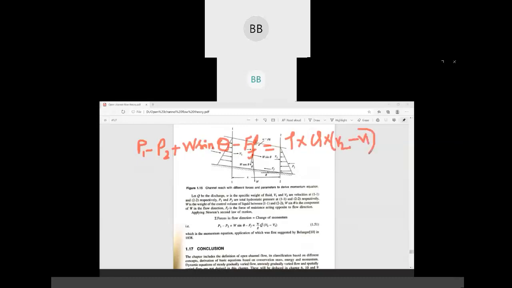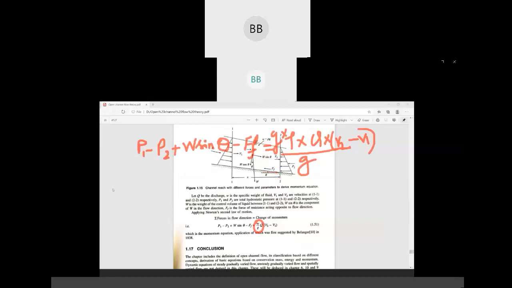You can keep the equation till here, but if you want, since it is given as specific weight by gravity, we multiply by acceleration due to gravity in the numerator and denominator.